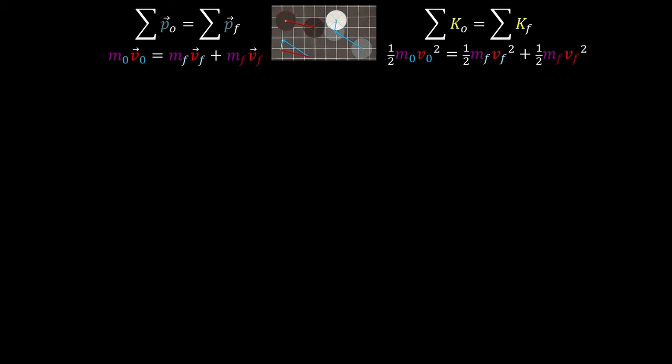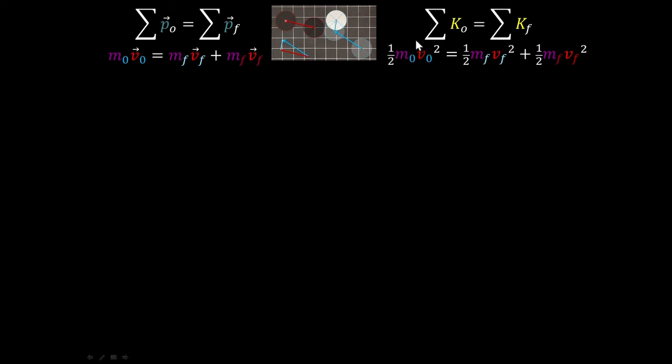All right, let's do that with these hockey pucks now. We know that momentum should be conserved, but we want to see if kinetic energy is also conserved. So mass and velocity: initially, we just had the one puck. Afterwards, we had the two pucks, the mass and velocity of one, and the mass and velocity of the other.